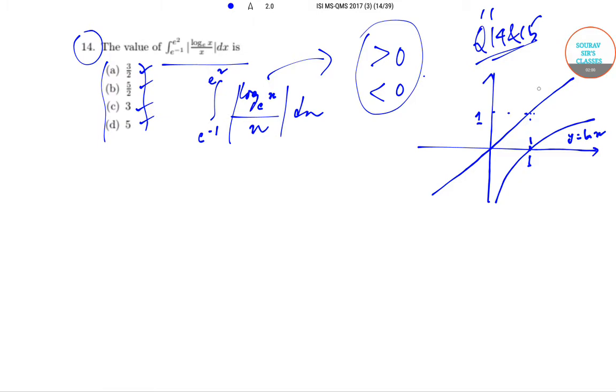This is the curve of y equal to x. So we can say that when x is greater than 1, then ln x and x both are positive. But when x is less than 1, then we can see that ln x is negative but y equal to x is positive.